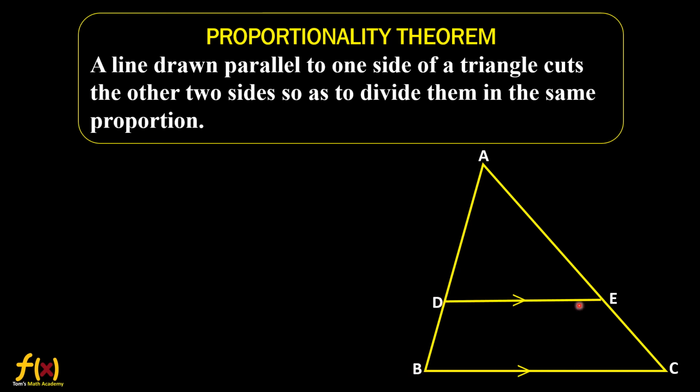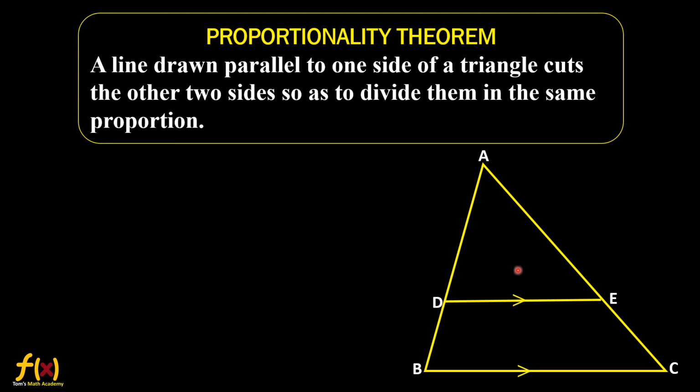Then this line DE will divide the other two sides, AB and AC, in the same proportion. What is the meaning? AD over DB will be equal to AE over EC. Or you can also say AB over AD will be equal to AC over AE. You can write either way.